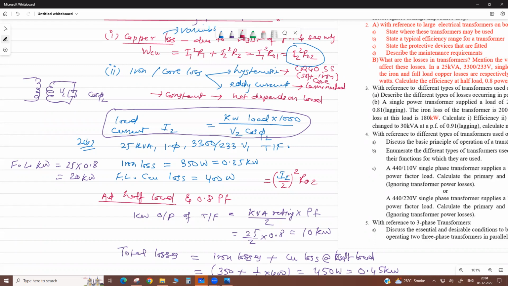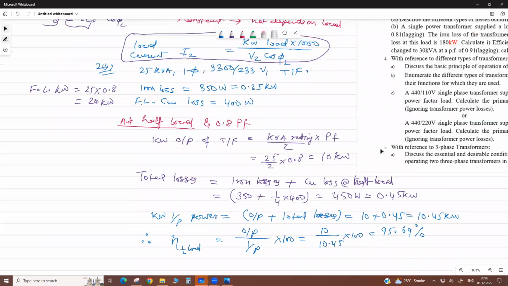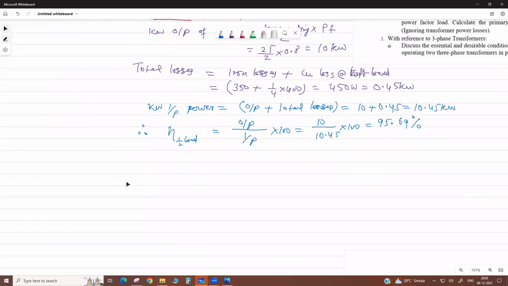Okay, yes, I understand. Thank you, sir. If the load is double, your copper loss becomes four times. If your load is reduced to 1/4, then your copper loss becomes 1/16th. Okay, it is a relation. This is your example.